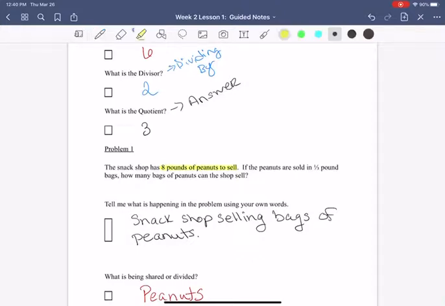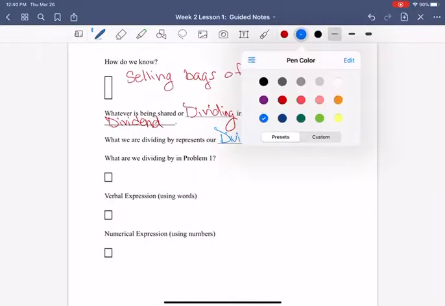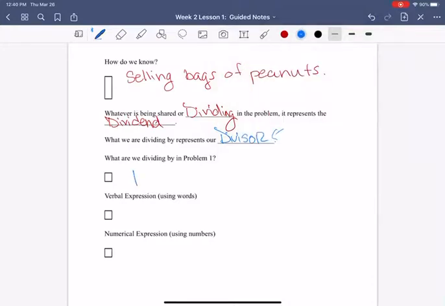So reading the problem, we see that if the peanuts are sold in 1/3 pound bags, so we're dividing the peanuts into bags. What are we dividing by in this problem? We're dividing by bags.